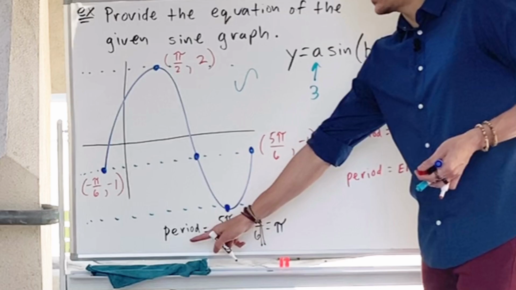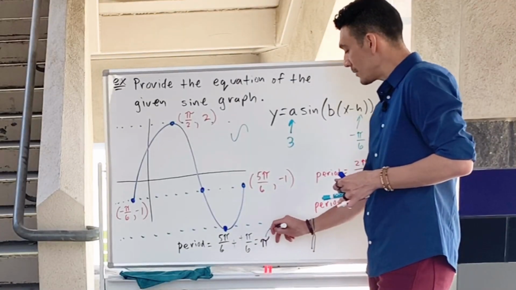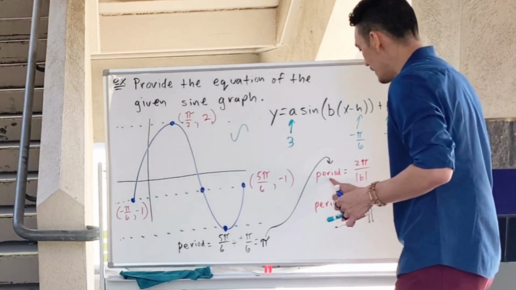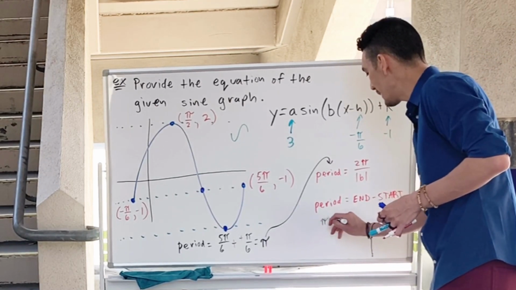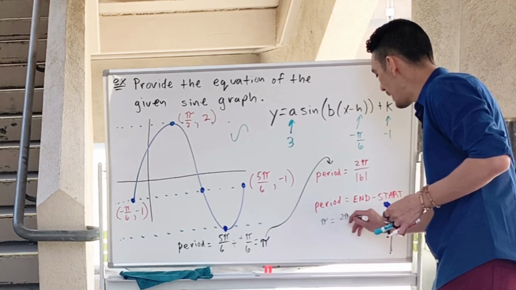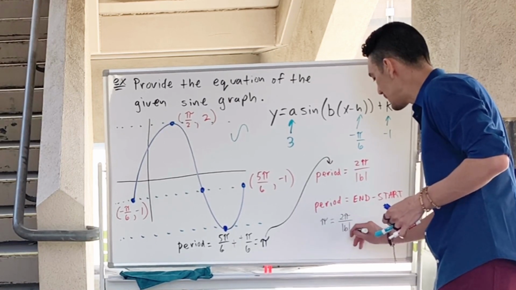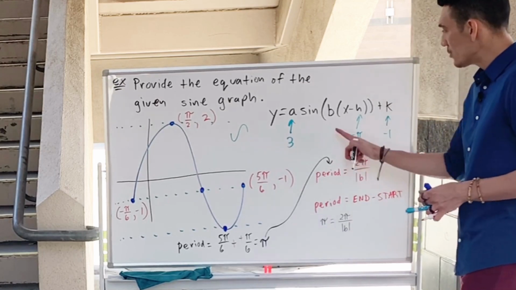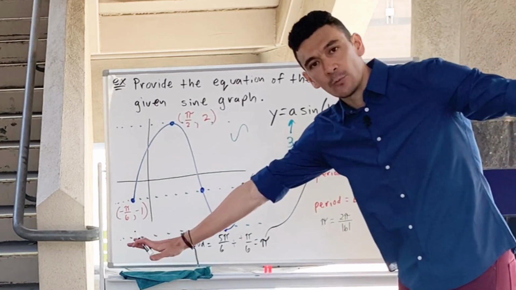So pi is the period. So you can take pi, which is the period, and plug it into the left-hand side. That'll tell us that the period pi equals 2 pi over the absolute value of b. Let's solve this equation for b. We'll drop it in here, and we're done.